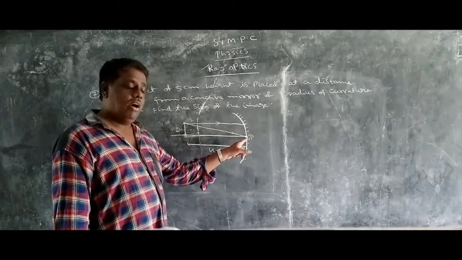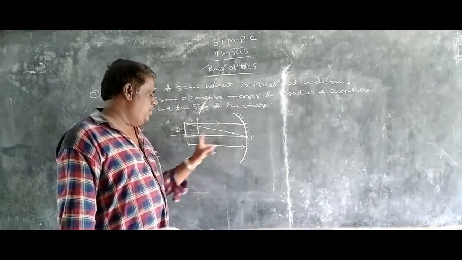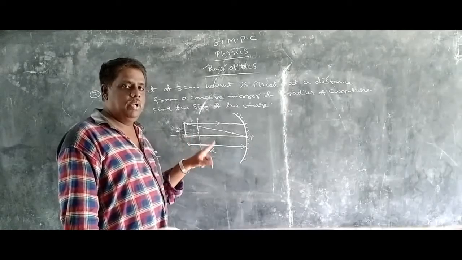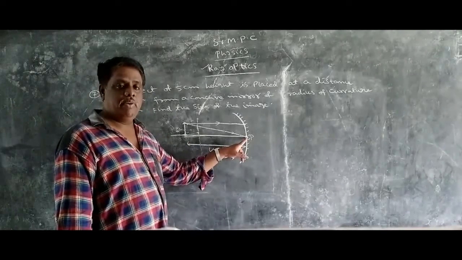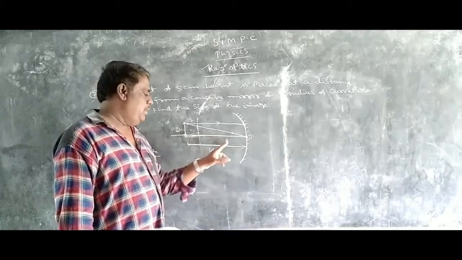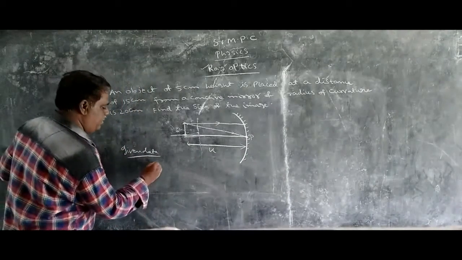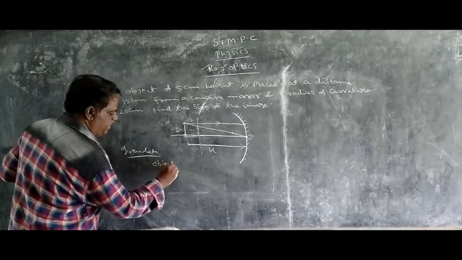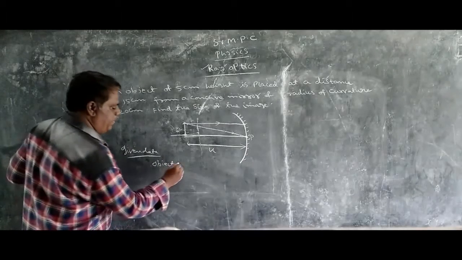Here we are measuring opposite to incident rays, from pole to object, not object to pole. All distances must be measured only from the pole. So we are moving opposite to incident rays.